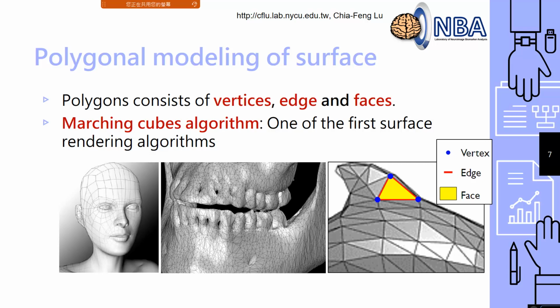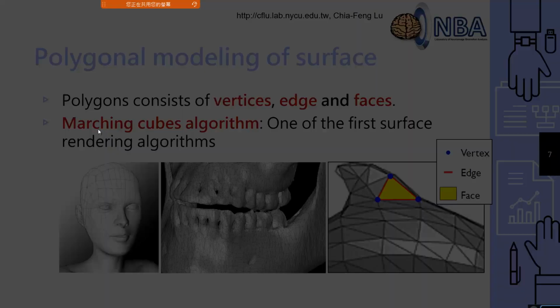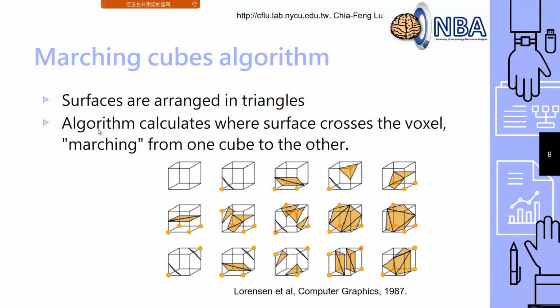So this is the so-called marching cube. Marching cube means you are continuously moving the cube, scanning the surface with it, going through all the surfaces to reconstruct the triangular faces. Okay? So this is the idea.